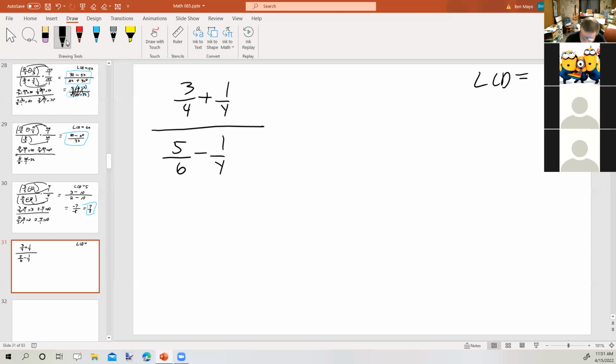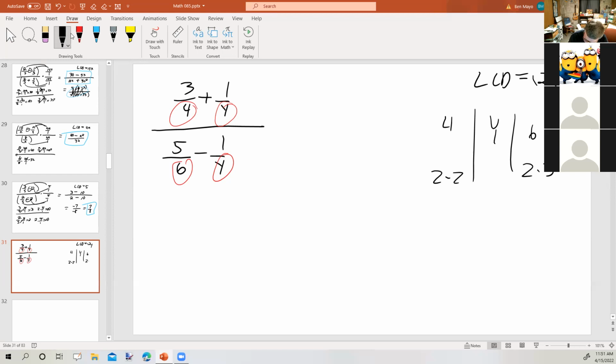Yes, but since there's also a y, it would be 12y. 4 is 2 times 2, 6 is 2 times 3, so you need two 2s, a 3, and a y, 12y. Everybody okay with that? All right.